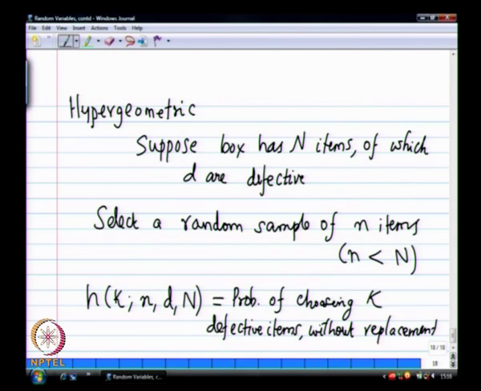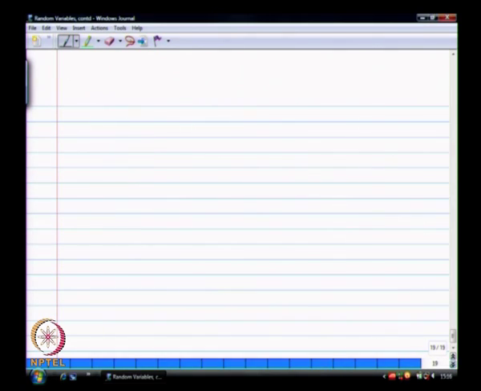Once you sample, you throw it outside; you do not put it back in the box. We will not derive this today; I will simply give you the expression. That is given by choosing.